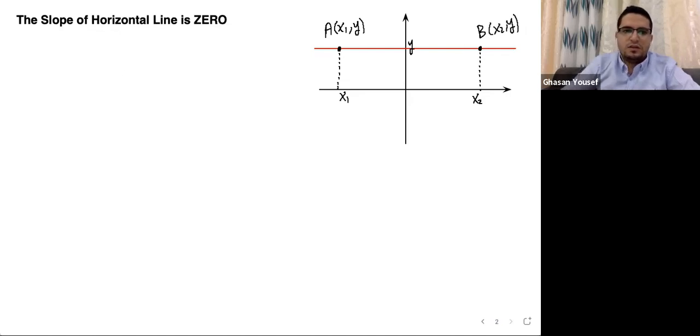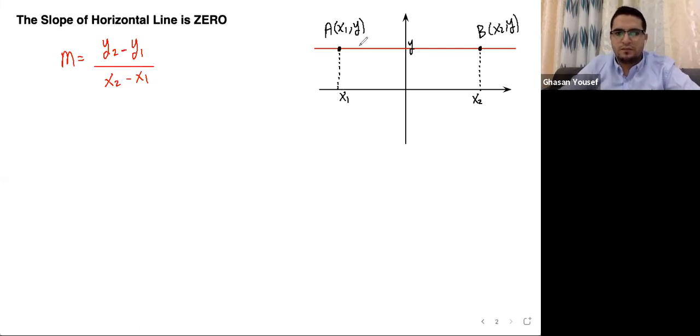Now, the formula of the slope is m equal the difference of the y2 minus y1 over the difference of the x coordinates, x2 minus x1. What is my y2 in this equation? y2 is y, exactly, Amr. What is my y1?